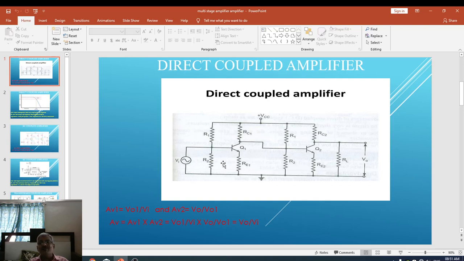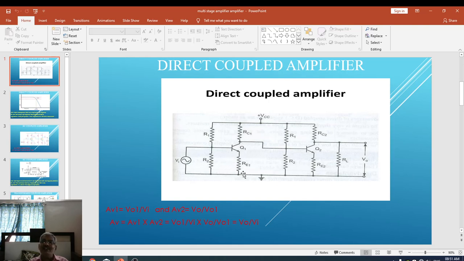This provides the required amount of base current to the base of transistor Q1. This allows collector current to pass through the resistance RC1, which acts as a load resistance connected between VCC and the collector.